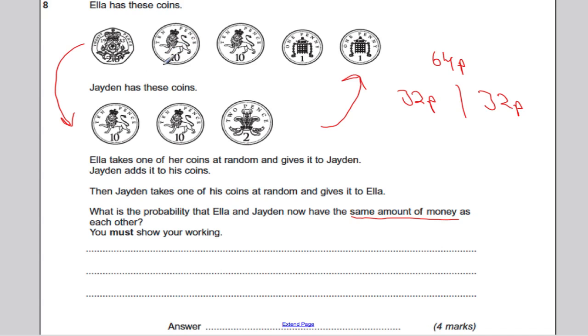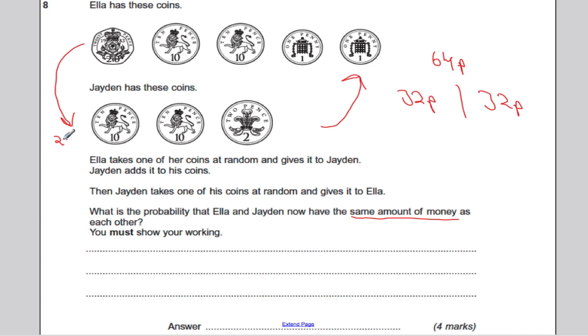Well, if for example Ella gave a 10p to Jaden, Jaden will certainly have 32p, but Jaden has to give a coin back, so Jaden's amount of money is going to go down. So it cannot be the 10p. It certainly cannot be the 1p. It must be that 20p. The 20p must go to Jaden.